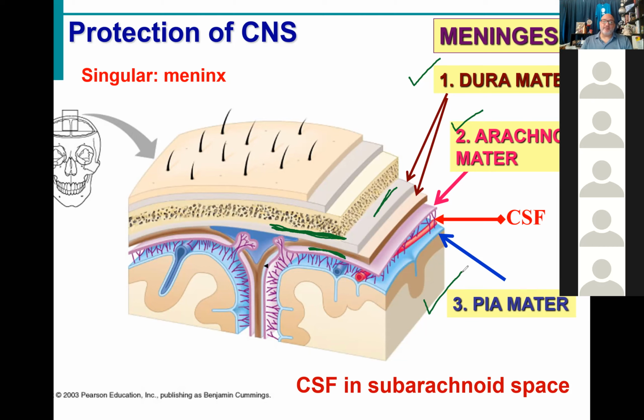There you go, movement. The bones of the skull do not move. The bones of the vertebral column do. So while we're going to have these three layers of meninges, there's going to be some slight arrangement changes to allow for that flexibility of movement so that we can move our vertebral column without damaging the spinal cord. We don't have to worry about movement up here because the bones of our skull don't move. We do have to worry about it in our spinal cord.